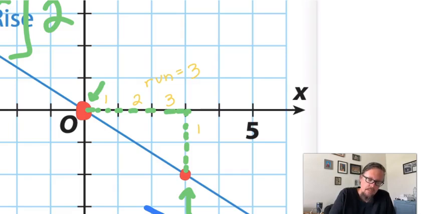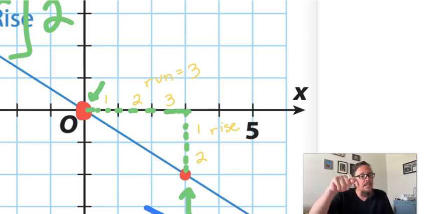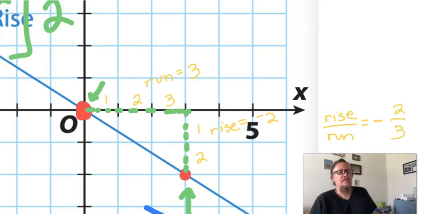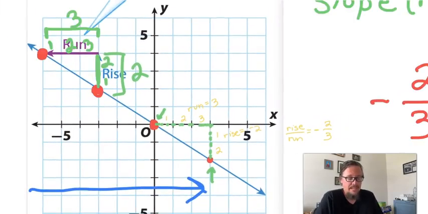And then my rise is 1, 2. But because my rise is going down, it's actually going to be -2. So my rise over run is going to be -2/3. Even though I picked two different points that time, I still ended up with the same slope or the same rate of change.